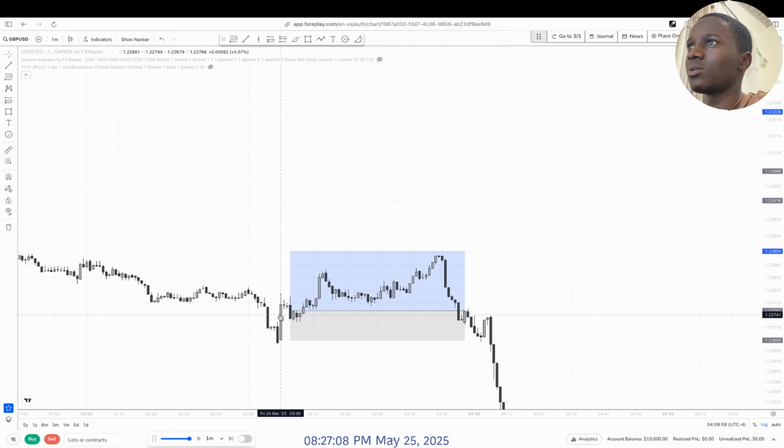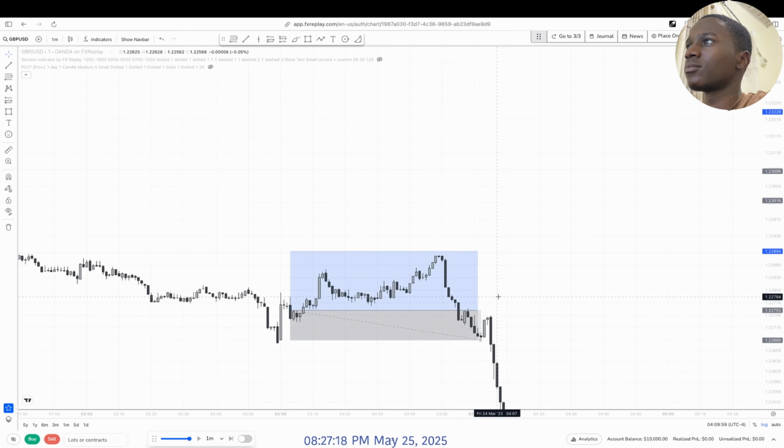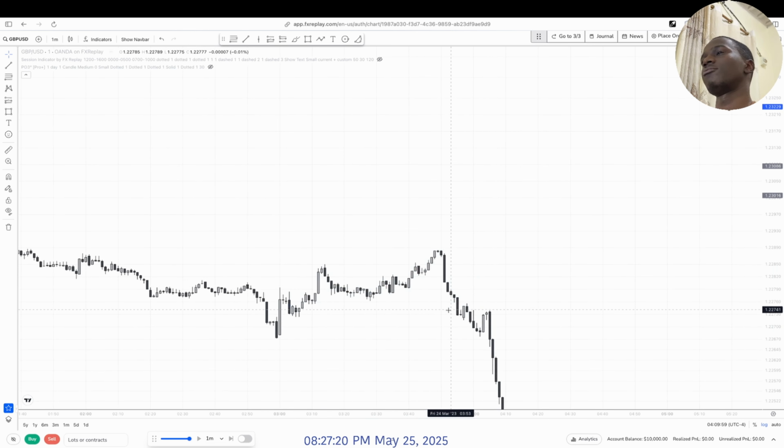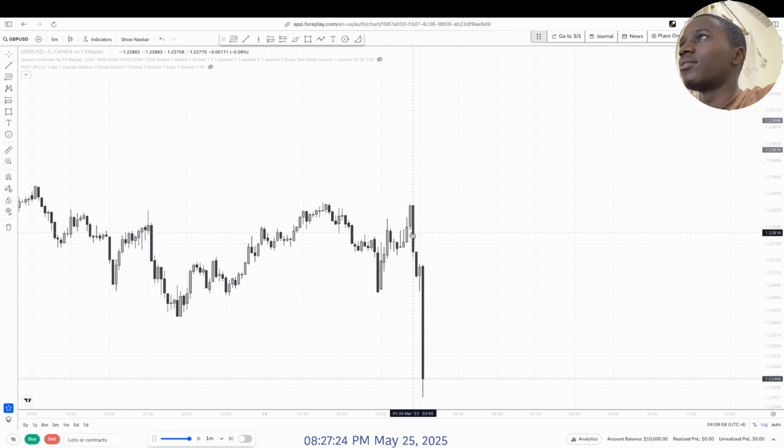So you can see how this one went. Okay. That would have been a crazy one. So on the 5 minute, you can see that the first fair value gap was this one on the 5M.